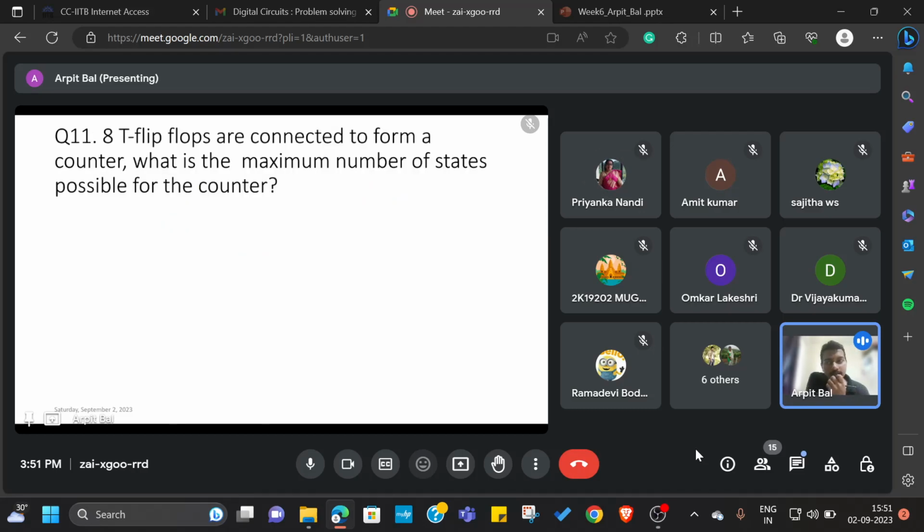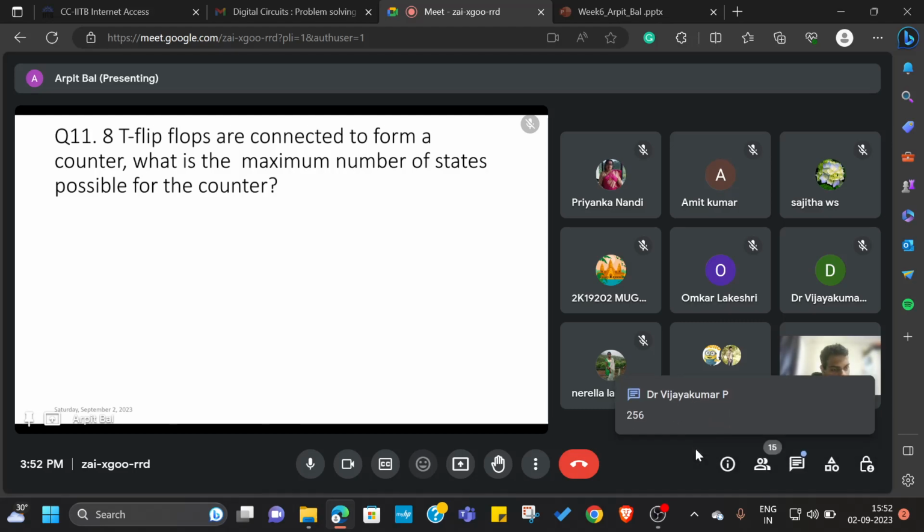Okay, so try to answer this question: there are 8 T flip-flops that are connected to form a counter. What is the maximum number of states possible for the counter? Okay, we have one answer. Any other answer?